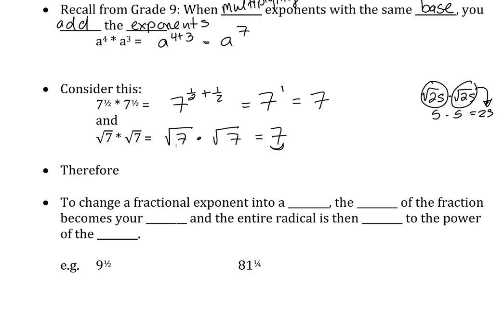So if you multiply 2 square roots together, you just get the argument, or the radicand, the thing that's underneath the square root, okay? So that means that if the square root of 7 times the square root of 7 is 7, and 7 to the power of 1/2 times 7 to the power of 1/2 is 7, that means that the square root of 7 is the exact same thing as 7 to the power of 1/2.